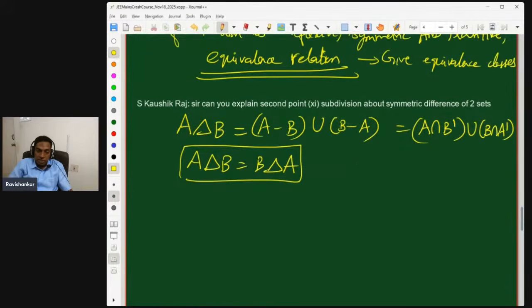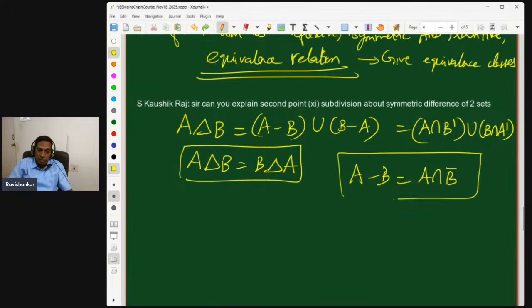A minus B is nothing but A intersection B bar. That is the difference of two sets. That is also there in your summary, A minus B is there as item number 9. So that is what the symmetric difference is. Okay. I hope this is clear.